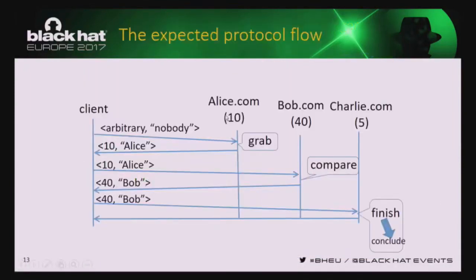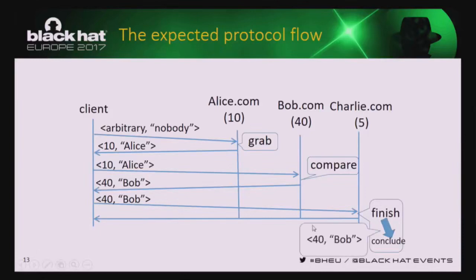Now, perhaps you expected this kind of execution. First, the client will call grab to get Alice's value, and then call compare to compare Alice's value with Bob's value, and then eventually call finish to get the greatest integer of the 3.